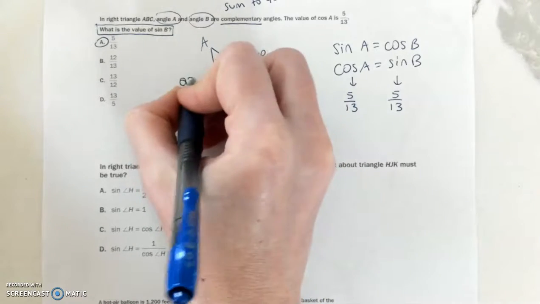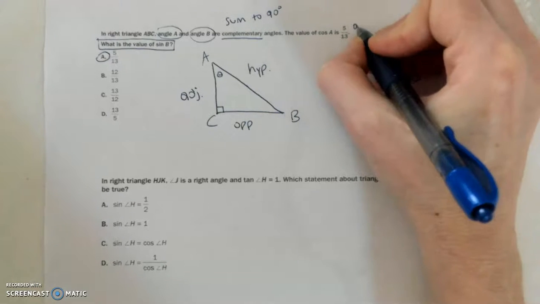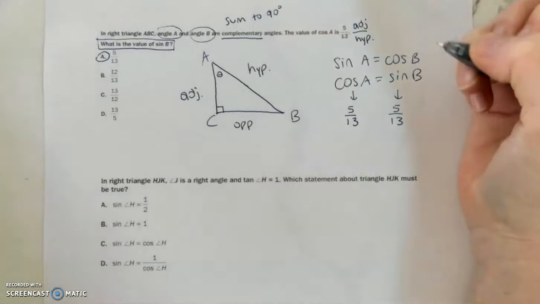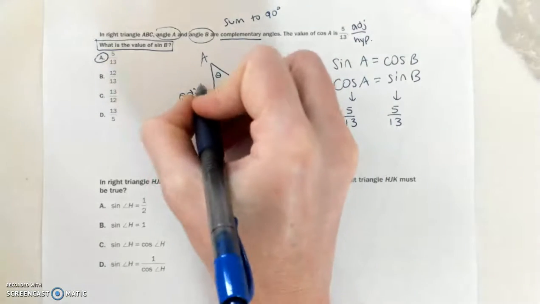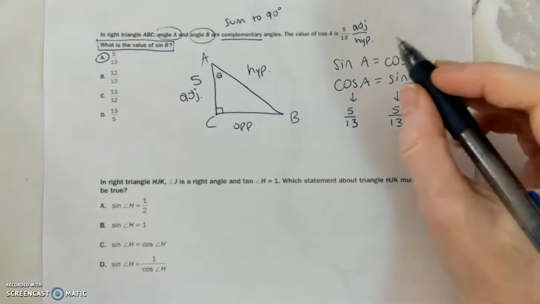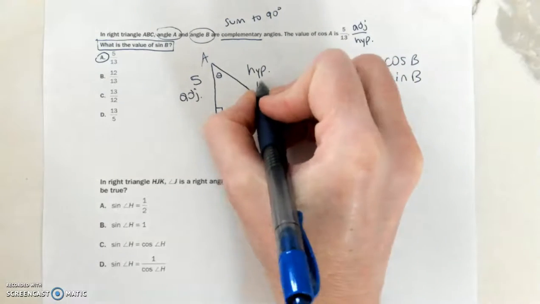Which would make line AC the adjacent. All right, so if cosine of A is 5 over 13, we know that cosine is adjacent over hypotenuse. So our adjacent side must be 5. Adjacent side is 5. Our hypotenuse is 13.